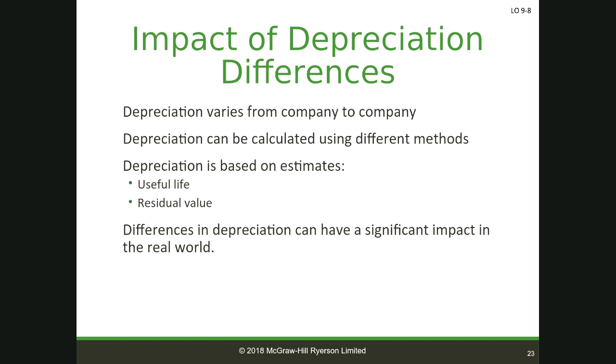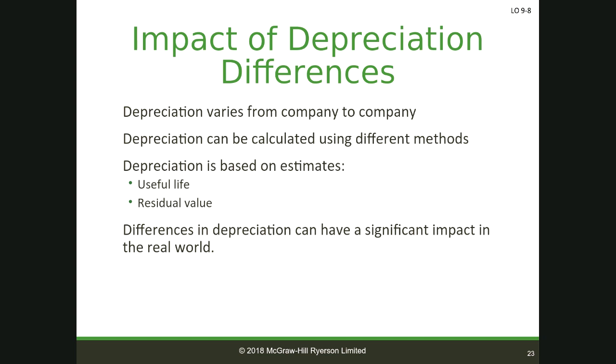Depreciation, we already saw the other day, can be calculated in various ways, right? Straight line method, the double declining method, the sum of the year's digits method. So those three methods we talked about. Again, we know depreciation really depends on two items. The useful life of the asset, usually referred to as the economic useful life, and then the residual value. So again, when management sits down and says, what is the residual value?